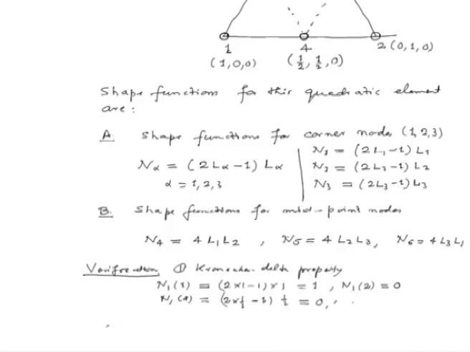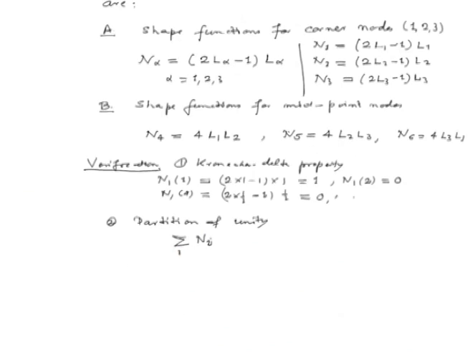Next, the partition of unity. For that we need to find out whether the summation of all these shape functions N_I is equal to 1 to 6, that is what we need to find out. So, now let us do that. Let us write each one in expanded form.